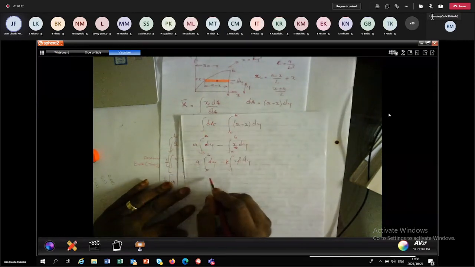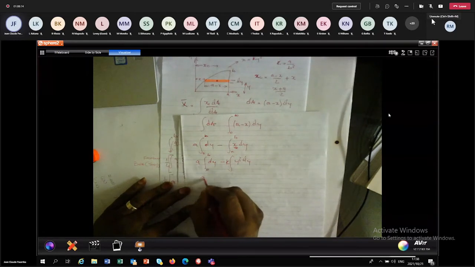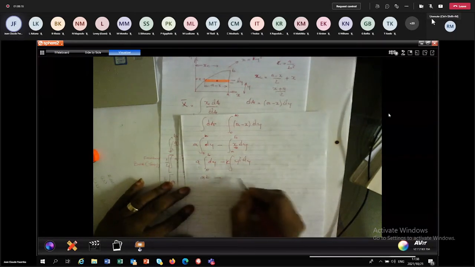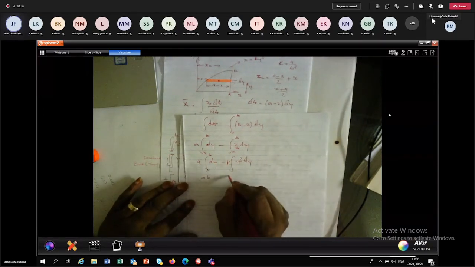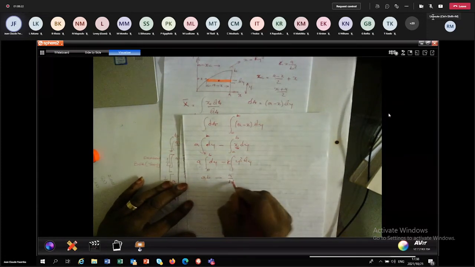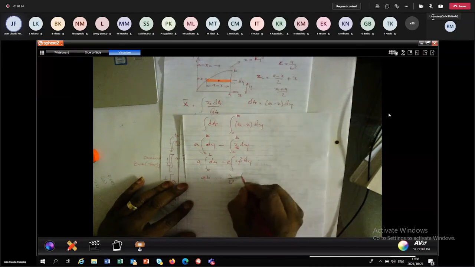Now I can solve it as ab minus, remember your k is a over b cubed, times b to the 4 over 4.